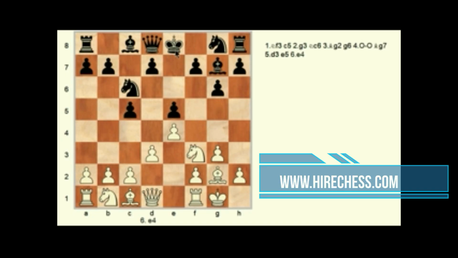So now black should prepare for castling. That's why it moves knight g e7. For that, white moves Nbd2.